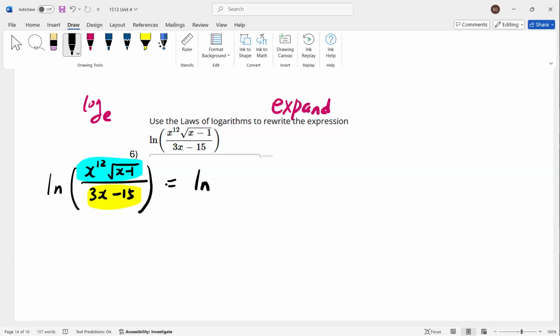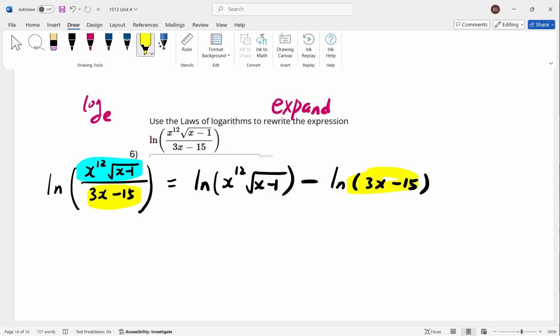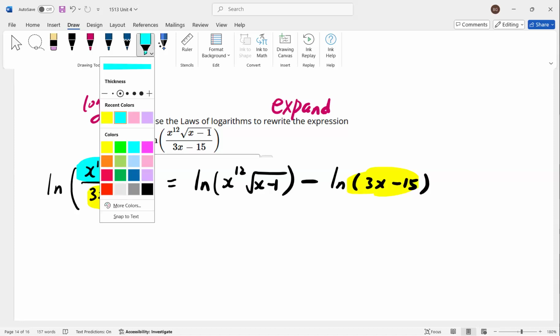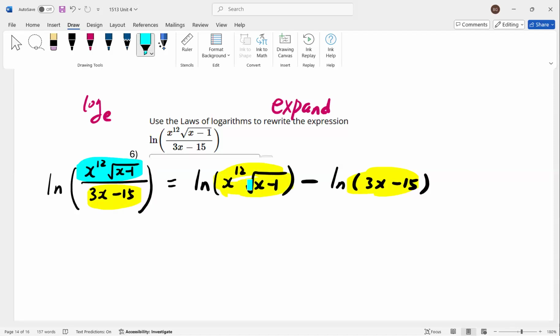The quotient rule can expand or rewrite this log as a difference of two logs. The first one is the blue, the numerator. So we have x to the 12th power times square root of x minus 1, minus ln, natural log, of yellow, 3x minus 15. In the first step, we applied the quotient rule. Oh, that's supposed to be blue.